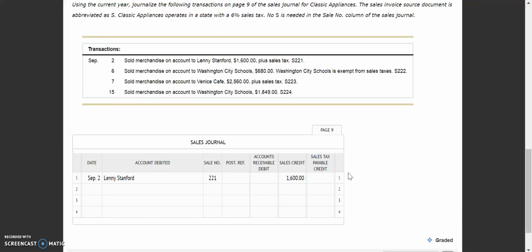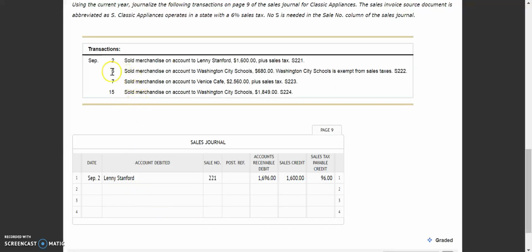When you do that, you're going to get a sales tax amount for this transaction of $96. So that means that the total amount that Lenny Stanford owes us is $1,696. So that's what's going to go in his accounts receivable debit because that's the total amount that he owes for that transaction. Makes sense? Hopefully.